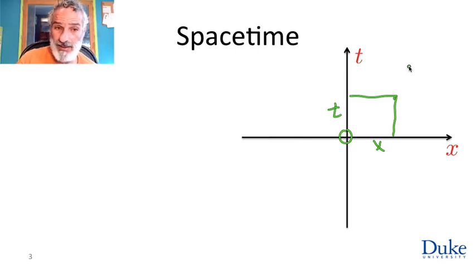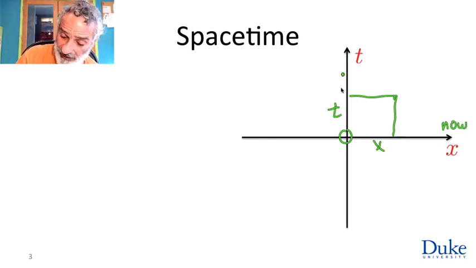So give me an x and a t, and that tells you if something happened at that position at that time. You've specified where and when it happened. So all of the x-axis here are all of the events that happened at the time t equals 0. By convention, I'm going to call that now.